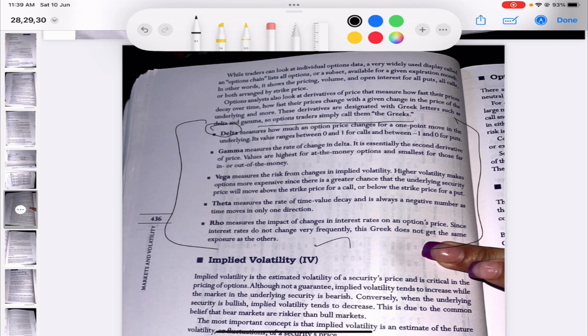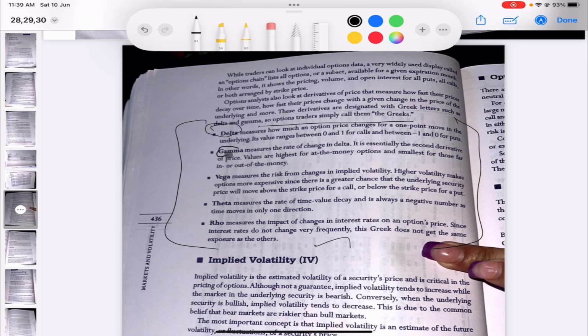Let's say your underlying asset moved by 10 rupees, how much is your option price moving? That responsiveness of the change in the option price to the change in the underlying price is known as delta.